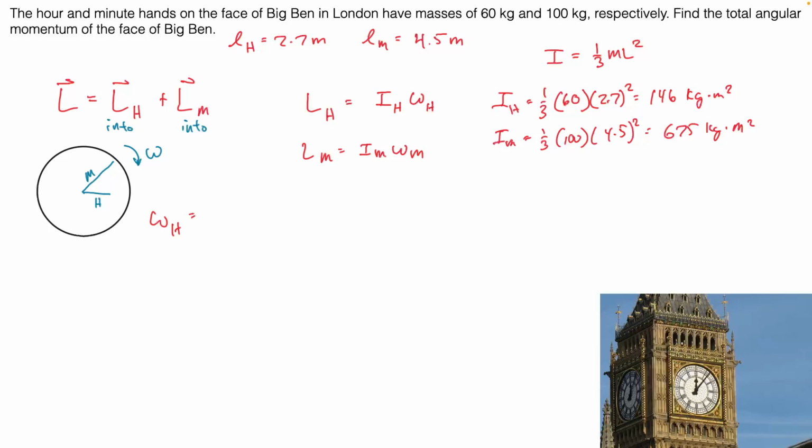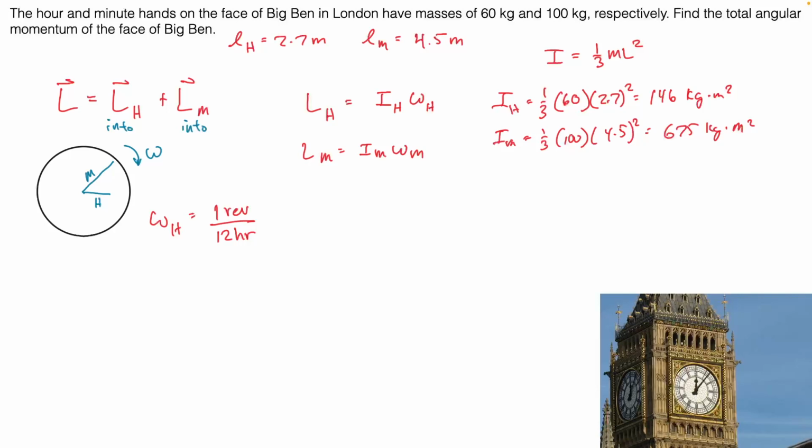An hour hand goes around the clock face once, and how long does it take to do that? 12 hours. The answer is not 1 hour, right? It's 12 hours. So the hour hand does 1 revolution every 12 hours. That's its angular speed.